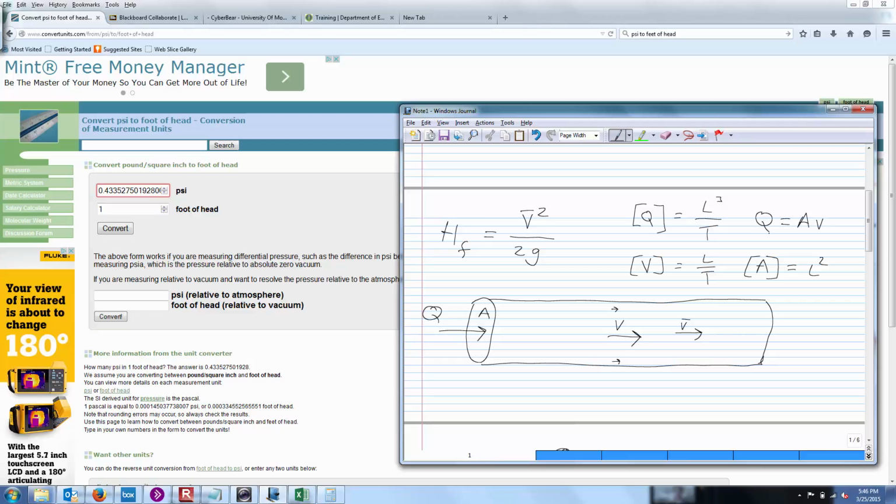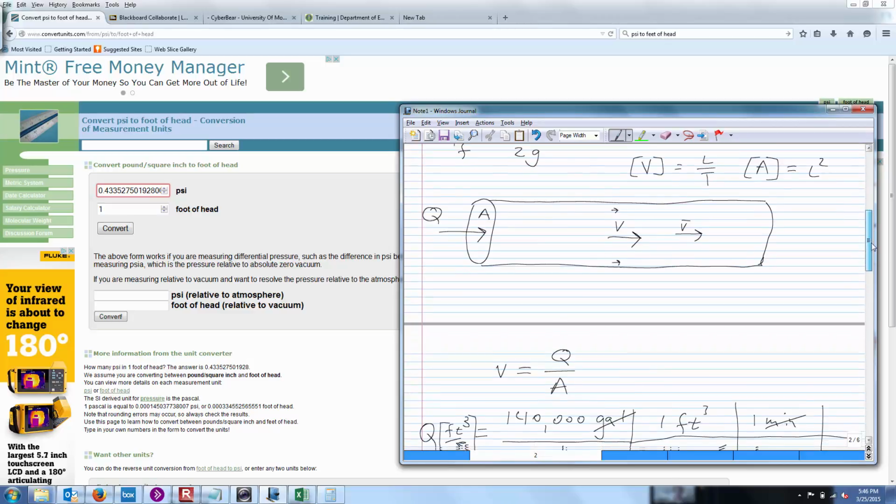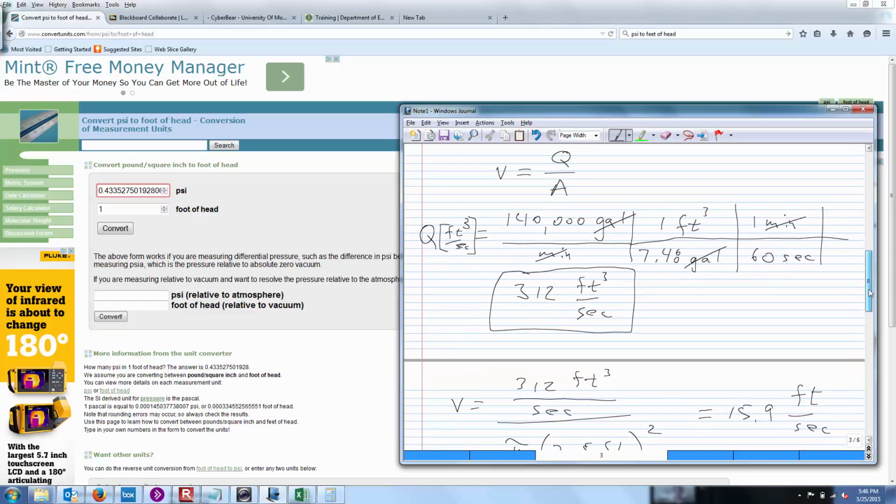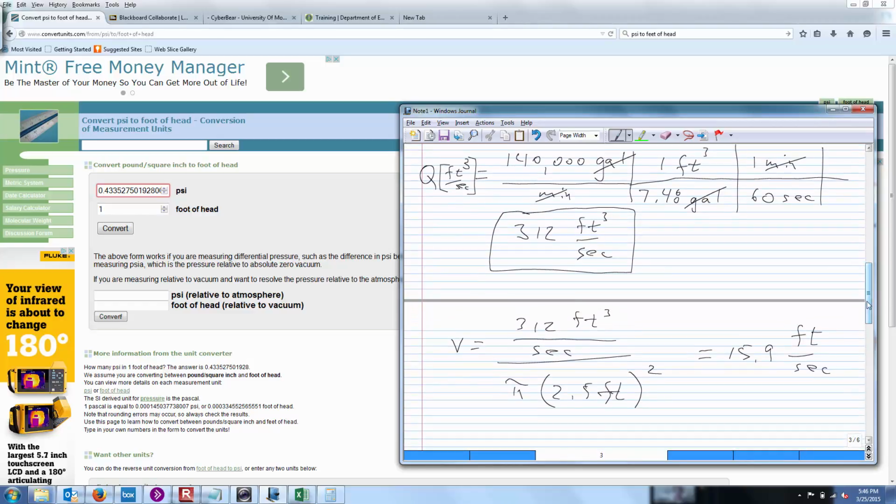Did some dimensional analysis and converted volumetric flow rate to average velocity, knowing the area in the pipe. Converted gallons per minute to cubic feet per second. The reason for going to cubic feet per second is that we could get to feet per second in our velocity.